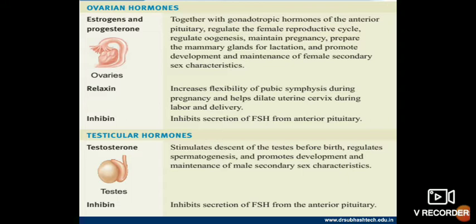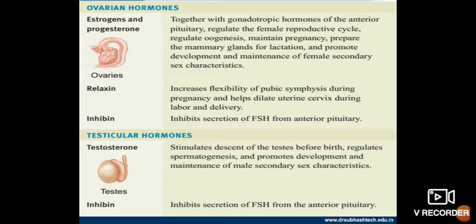Next are testicular hormones, a part of the male reproductive system. The main sex hormone, testosterone, is released from the testes and stimulates the descent of the testes before birth.